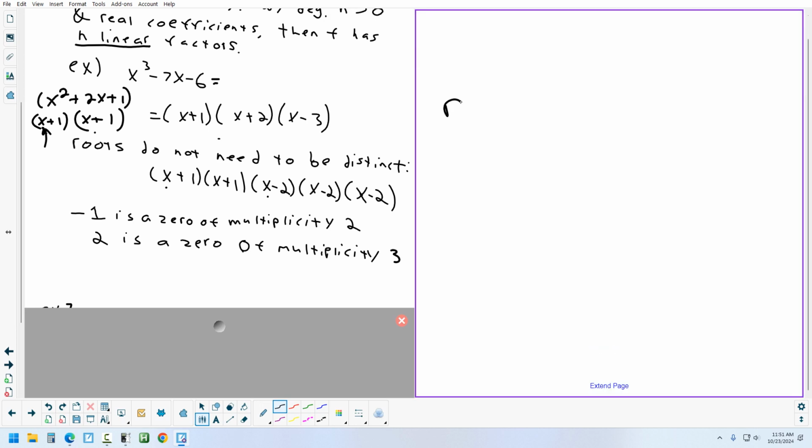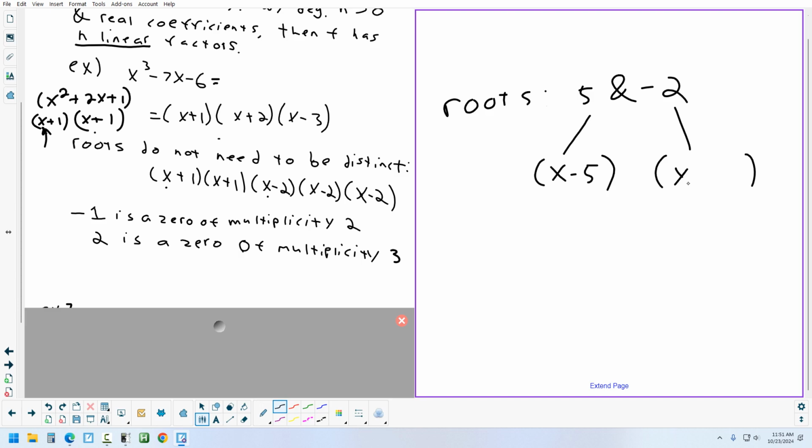Let's say that your roots were 5 and -2. What would be the factor that 5 came from? It would have come from x minus 5. And what would be the factor that -2 came from?